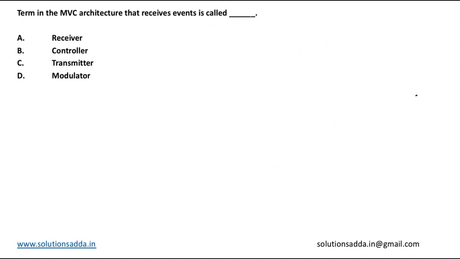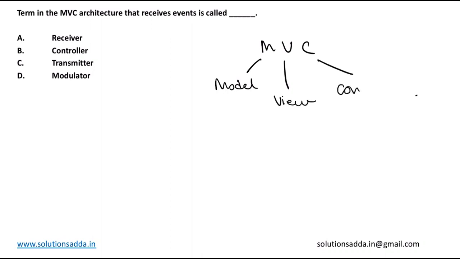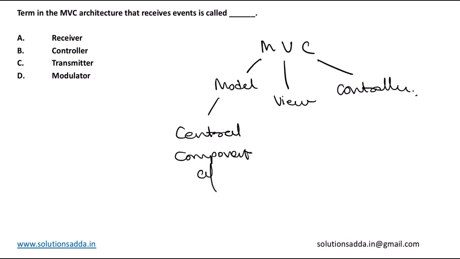This is a question from software engineering. Term in the MVC architecture that receives events is called. Options are receiver, controller, transmitter or modulator. So MVC means model, view, controller. So model is central component of architecture. What is view?